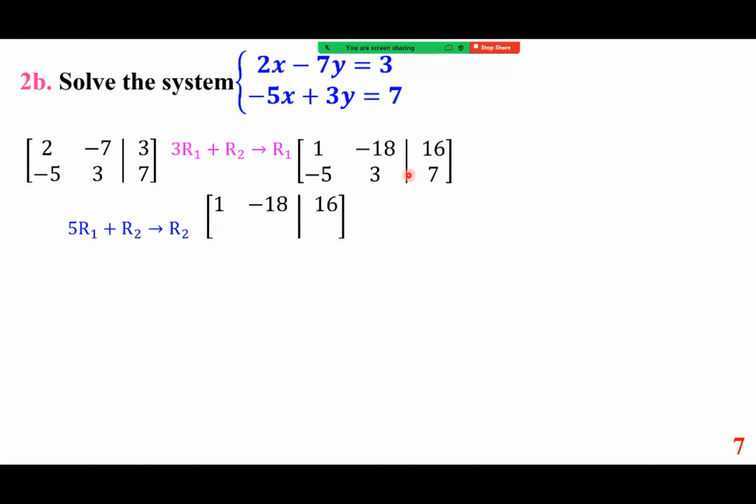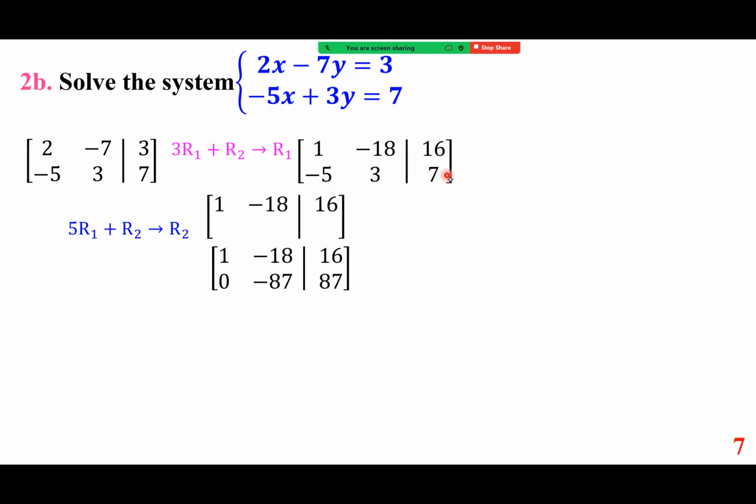If I multiply this one by 5 and add it to this one, I get 0. 5 times negative 18 is negative 90, with 3 becomes negative 87. If I multiply 16 by 5, I get 80, with 7, I get 87.